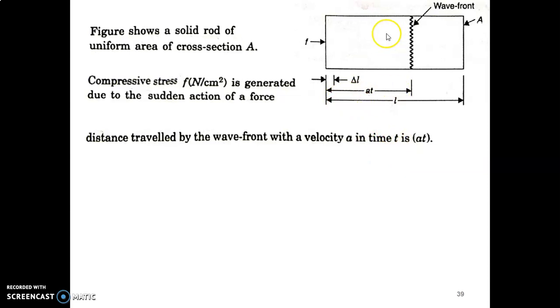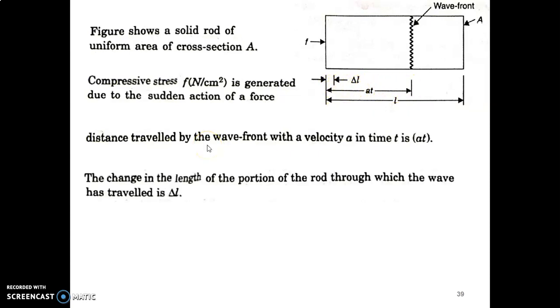That means after time t, it has traveled a distance a into t. If a is the velocity and t is the time, we can find the distance by velocity into time. By that relation, we can show the distance traveled by the wave after time t as a into t. So this distance shown here is the distance traveled by the wave, a into t.